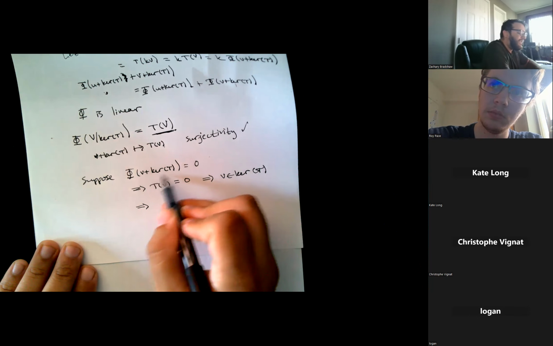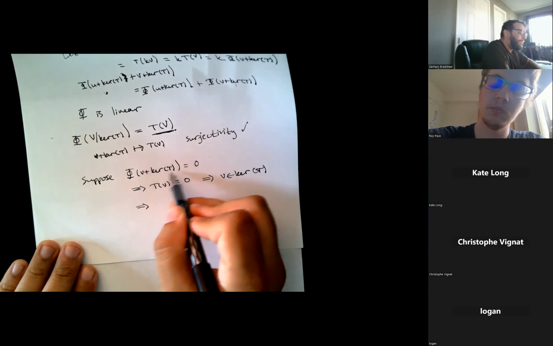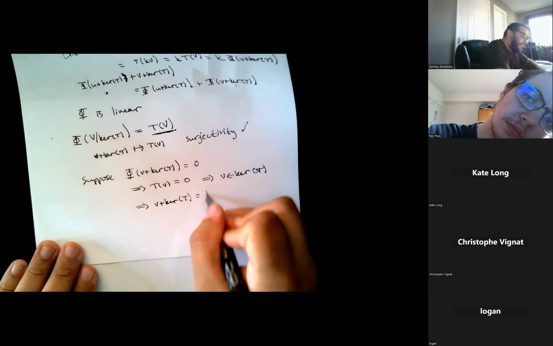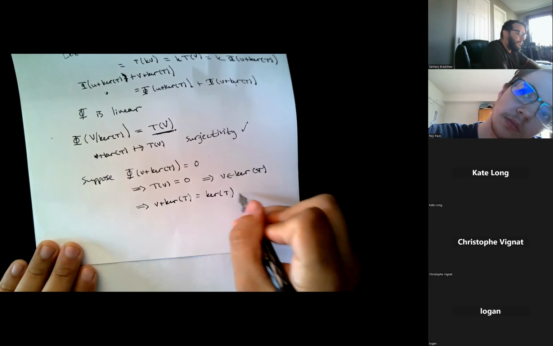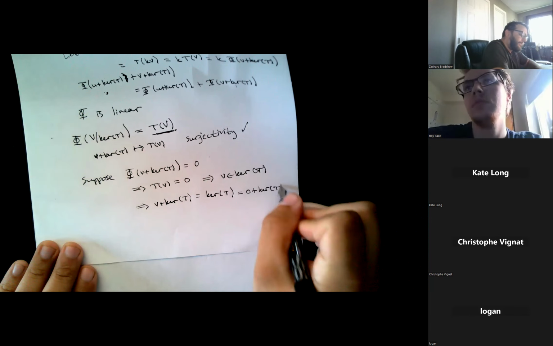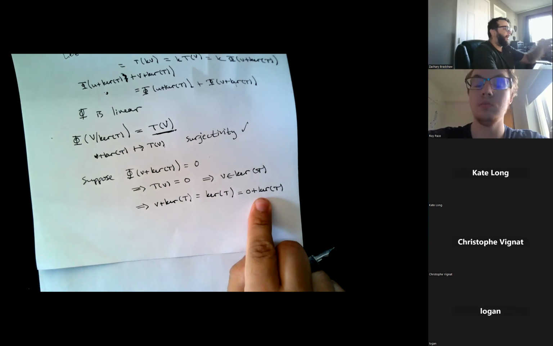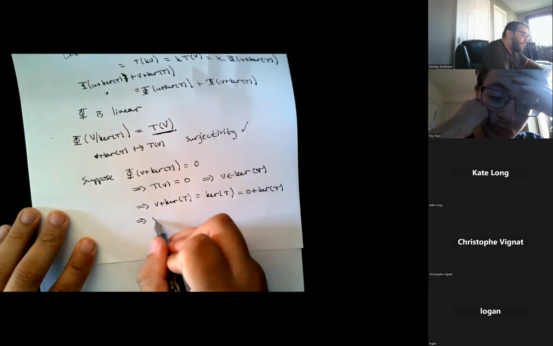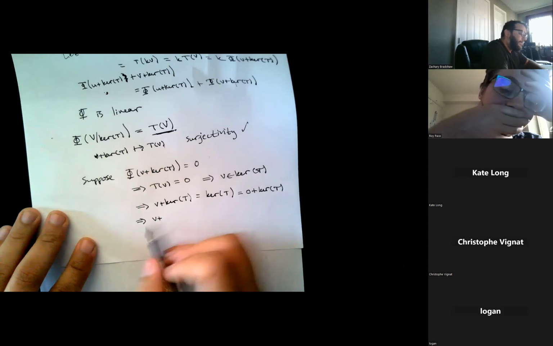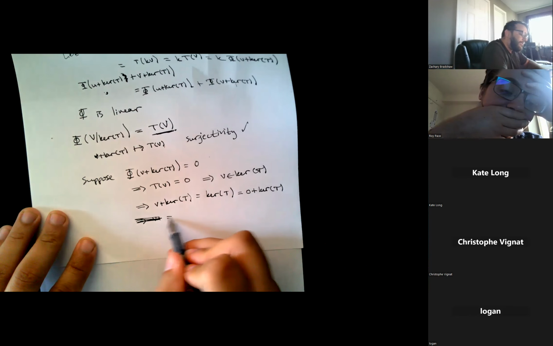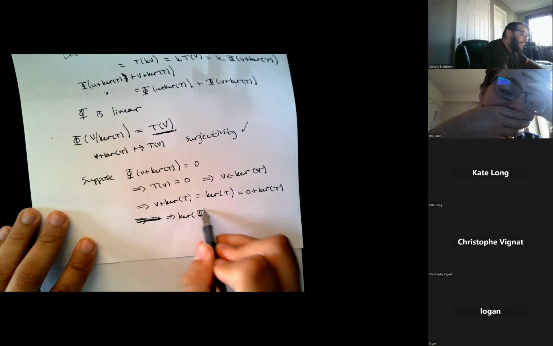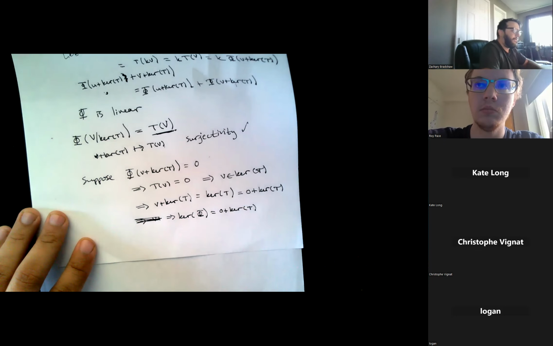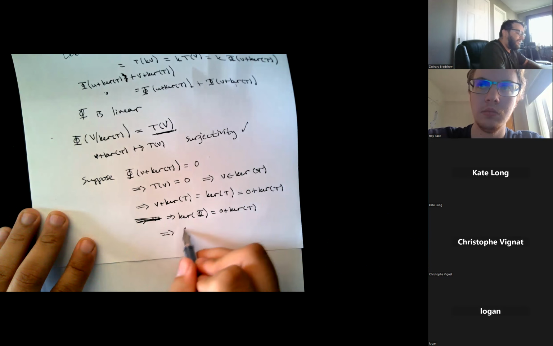So if v is inside of it already, then v plus kernel of t is just the kernel of t. Written another way, it's 0 plus kernel of t, right? And this is the identity element of v mod kernel of t. That implies that the kernel of phi is equal to just the element 0 plus kernel of t. And so that implies that phi is injective.